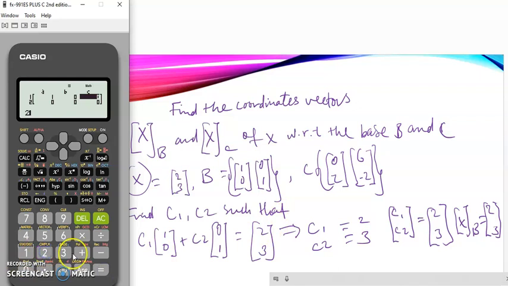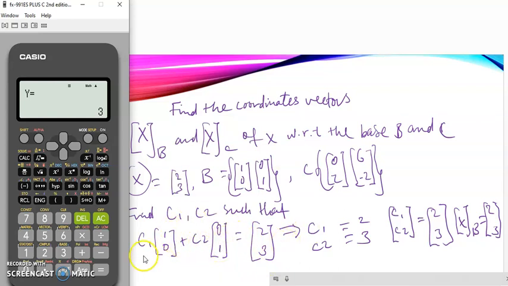For the second equation we've got 0 and 1, and that is equal to 3. So the values will simply be 2 for x and 3 for y.